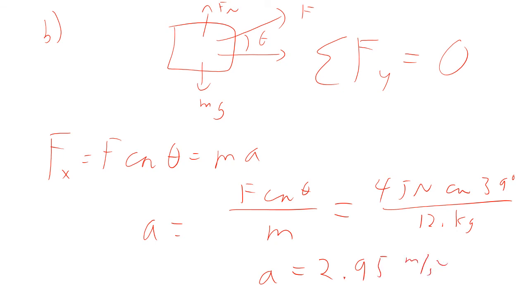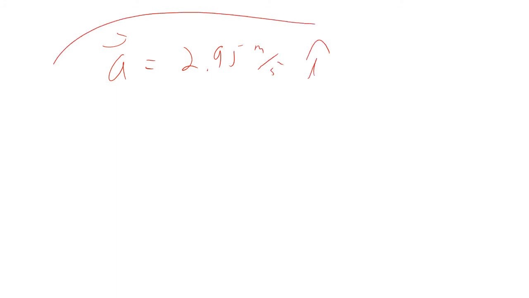I could go one step beyond that and say the acceleration is 2.95 meters per second squared in the i direction. And so that would be the acceleration vector in that problem.